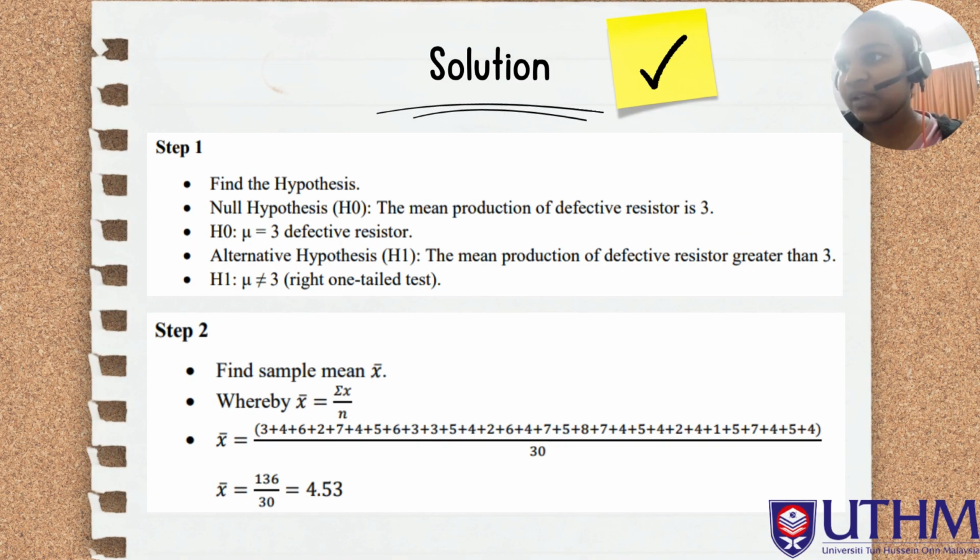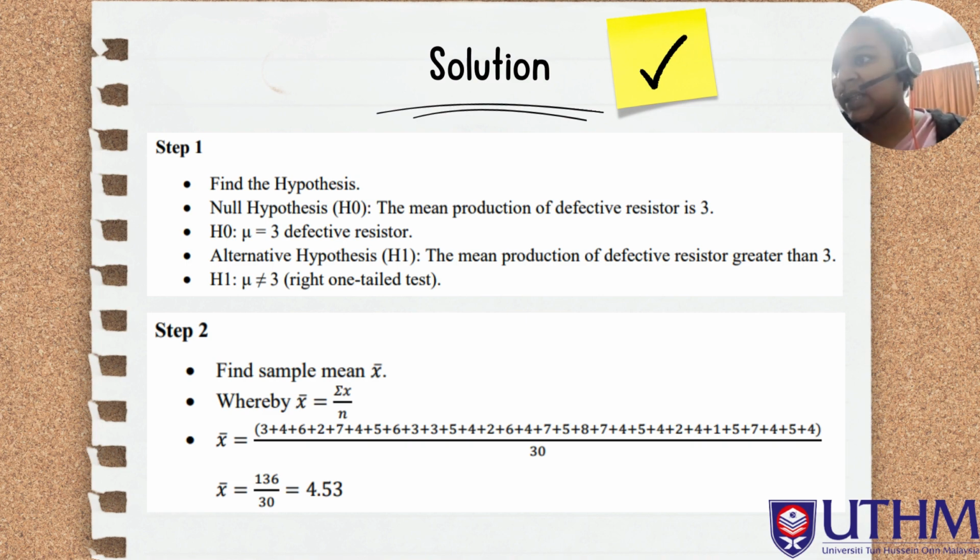The first step is to find the hypotheses. The null hypothesis is that the mean production of defective resistors is 3, and the alternative hypothesis is that the mean production of defective resistors is not 3.